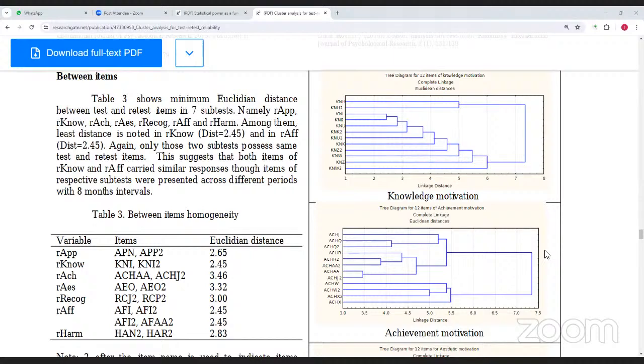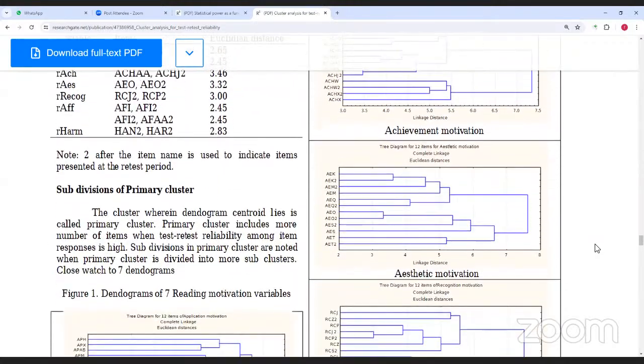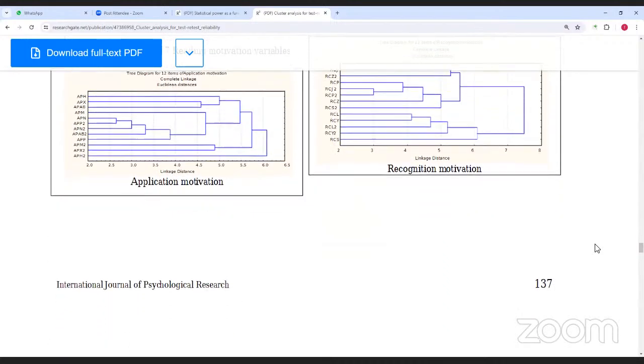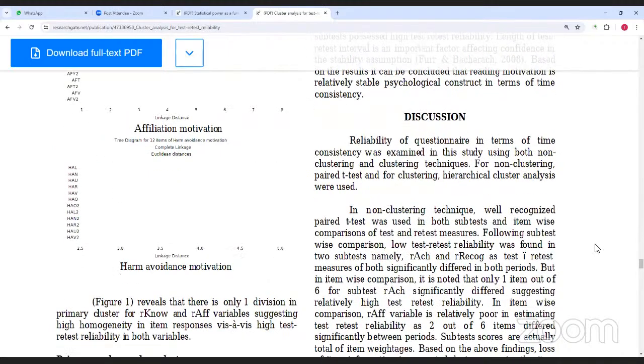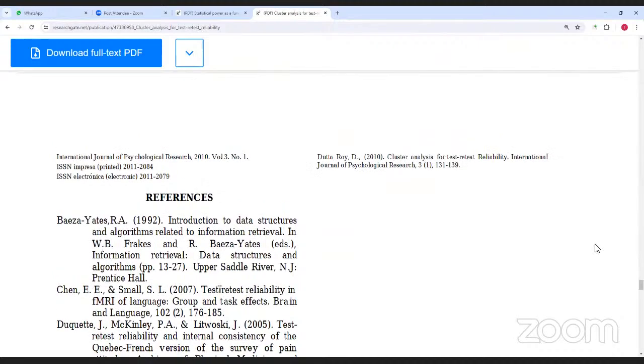So what is the next page? Achievement motivation after that. Harm avoidance motivation is there.